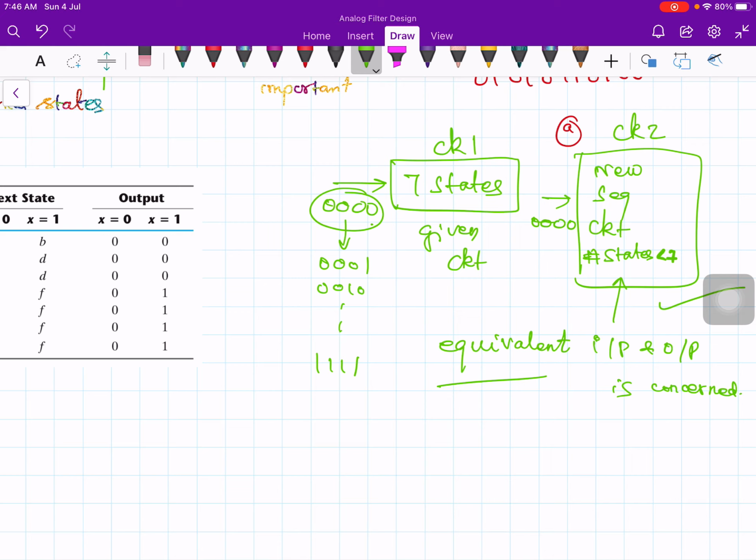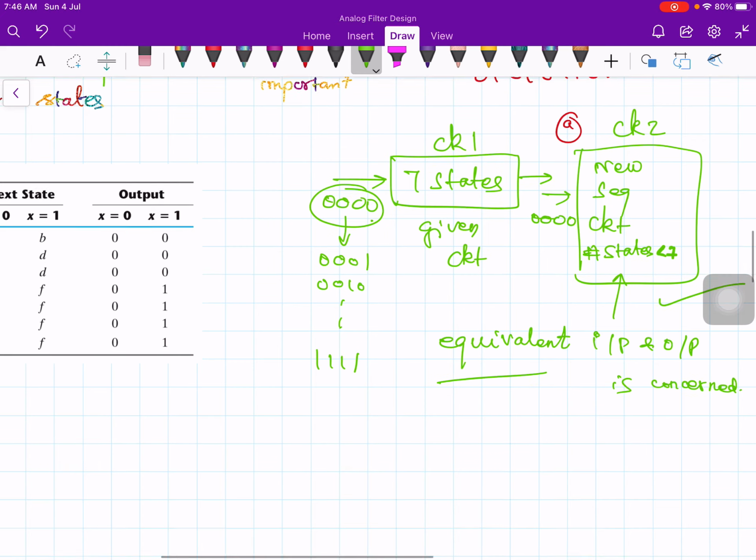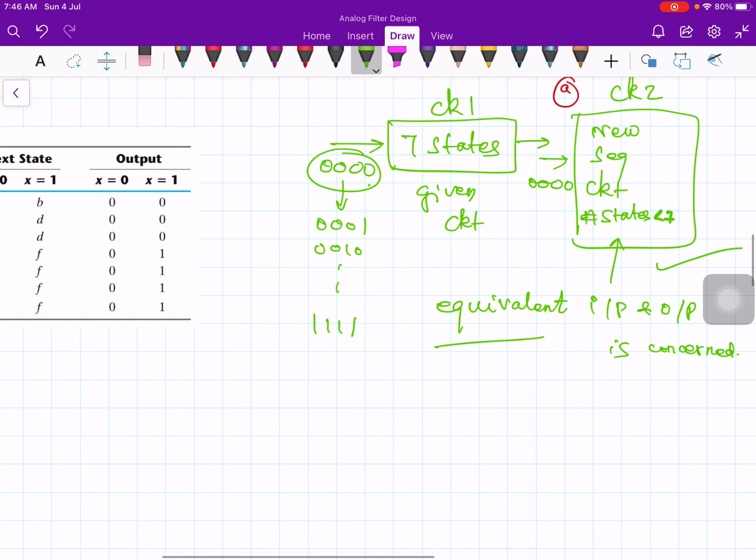For each input sequence it produces a certain output sequence, and both of them should be identical. You must apply all the possible combinations to both circuits and verify whether the outputs are identical. If they are, then you say the two circuits are equivalent.